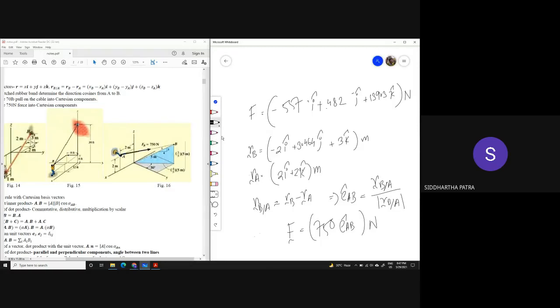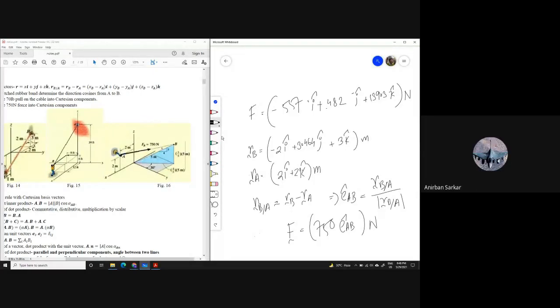So you'll get some answer. Just check your calculations correctly. So the thing is, we covered a few topics: the basic triangle law, then we covered the Cartesian.